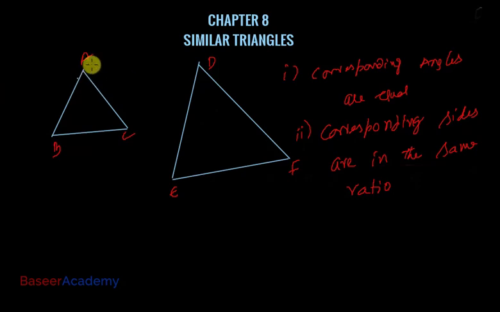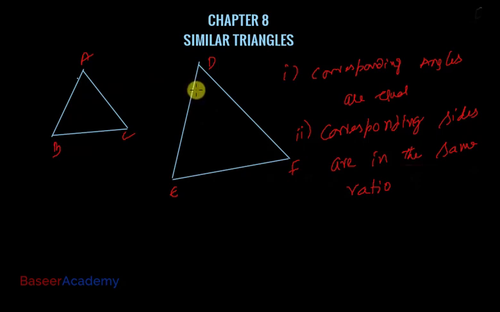Let's say that I have two triangles here, triangle ABC, and another triangle DEF. Obviously, by looking at them, you can tell me that the size of triangle ABC and the size of triangle DEF is not the same. Triangle DEF is bigger than triangle ABC. But it looks like both of them have the same shape. They look similar.